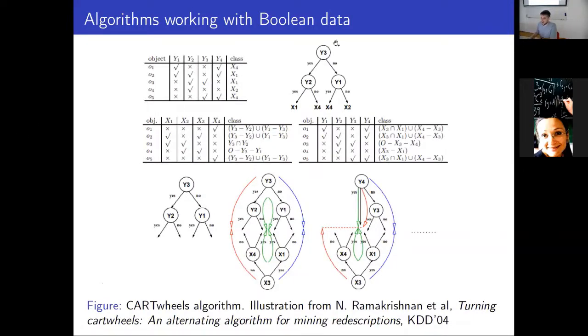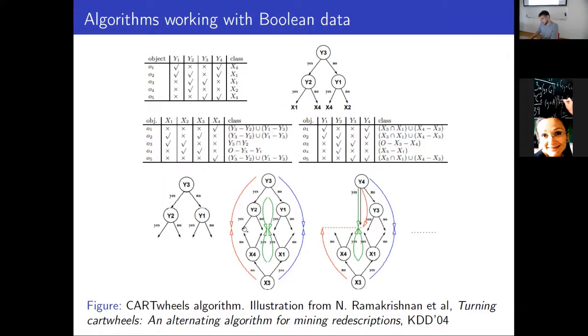In CARTwheels, the main idea is to construct targets for the instances in the data by observing some attribute from one of the views, and then we build a tree like so, and then we encode these leaves as some classes depending on the variables from the second view, and then we build a matching tree that uses attributes from the first view and targets that are these encoded variables.